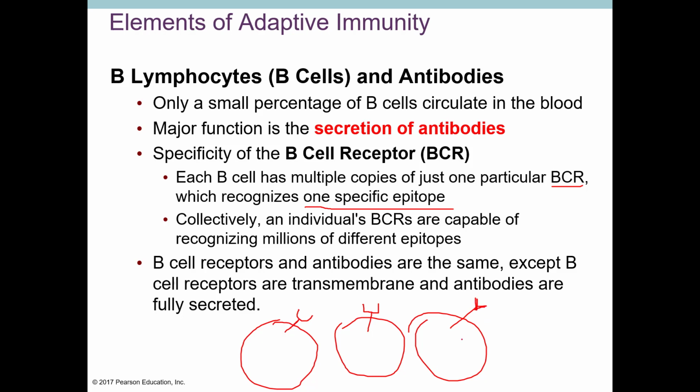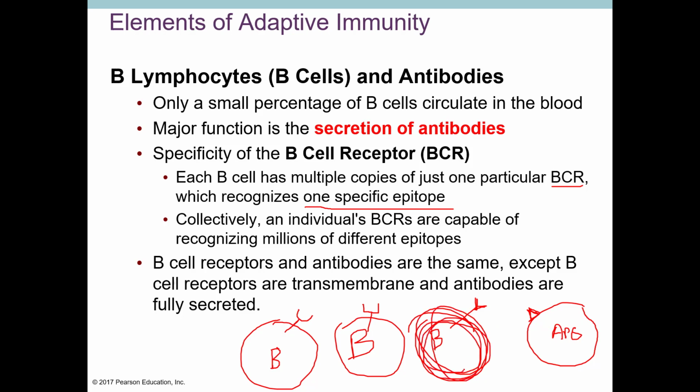Okay, so very similar to the way it was with T cell receptors. So these are your B cells. And let's say this is the APC, then you have the antigen here, so we'll go with the triangle again. So if this antigen matches this receptor, then this B cell would be activated, just like the corresponding T cell would be activated, and this will proliferate.